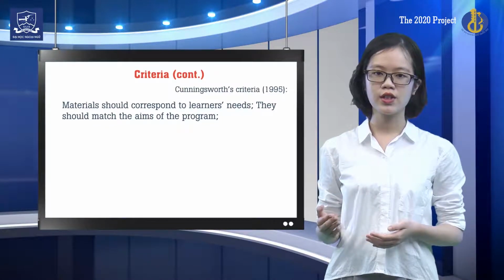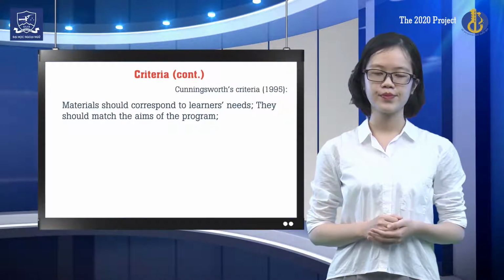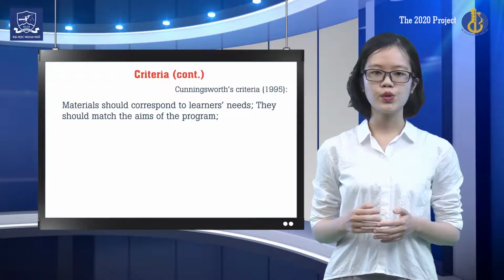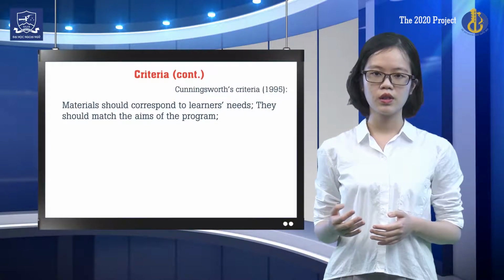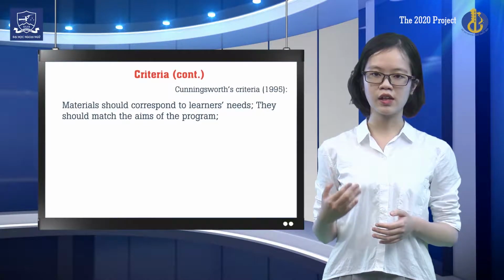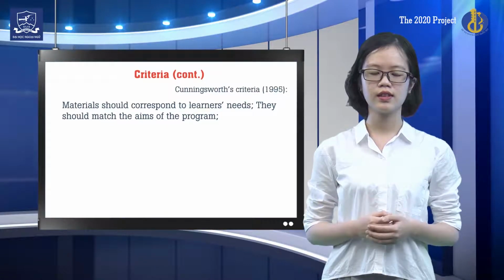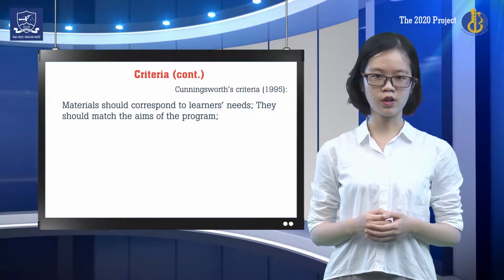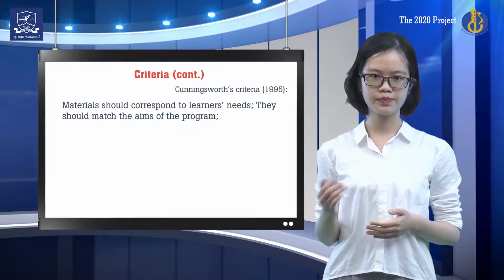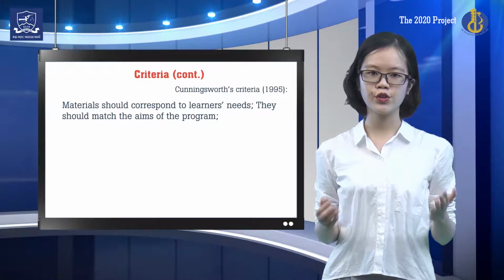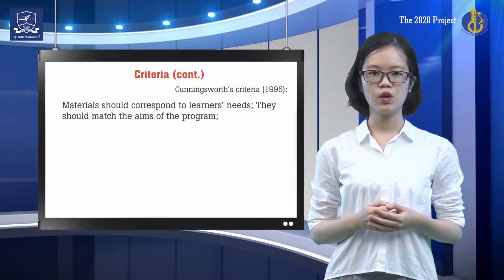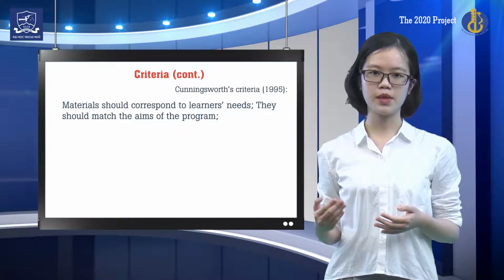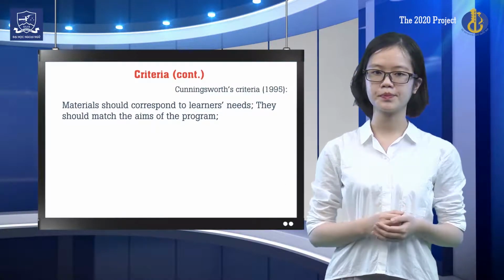They should match the aims of the programs. It means that when choosing materials for the course, we always need to ask ourselves questions such as, is this material appropriate for students' level? Does the material suit the learning styles? Or will this help them achieve the course outcomes?